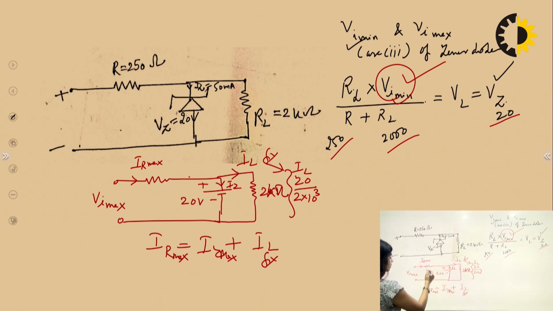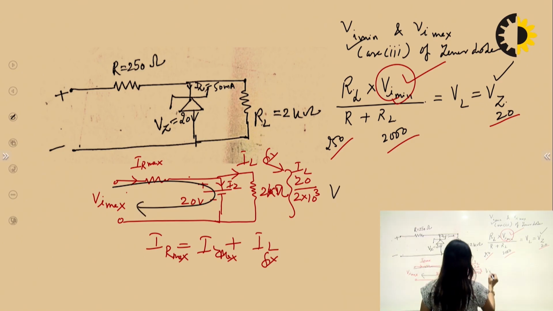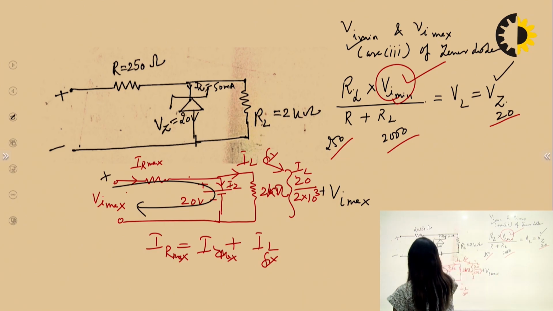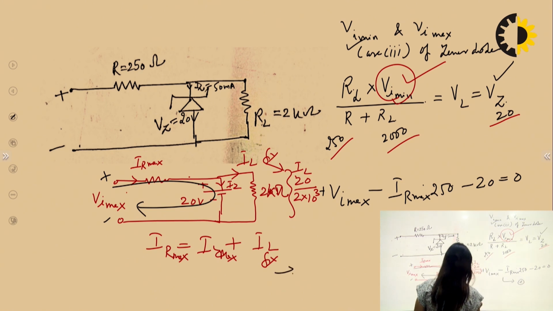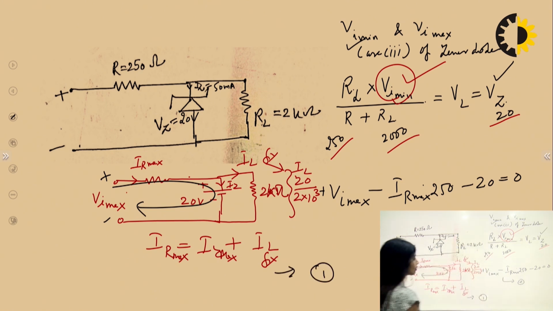And now we will apply Kirchhoff voltage law in this particular loop and write the equation: Vi maximum, make it as positive, minus IR maximum into 250, minus 20 is equal to 0.